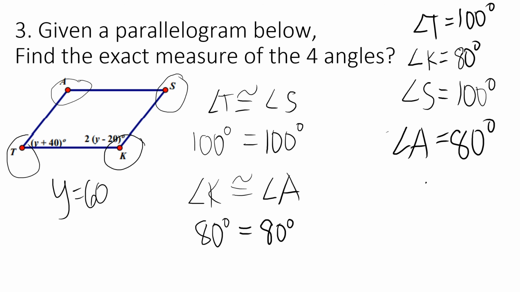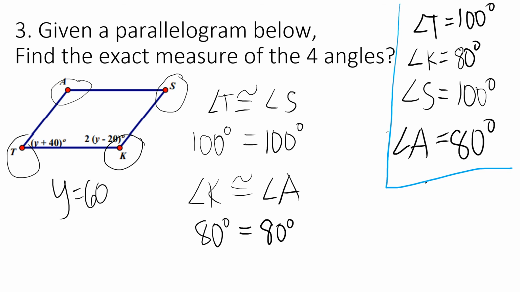Now you have the measures of the four angles. And also take note that when you add the measures of all the angles of a parallelogram, that will equal 360 degrees.